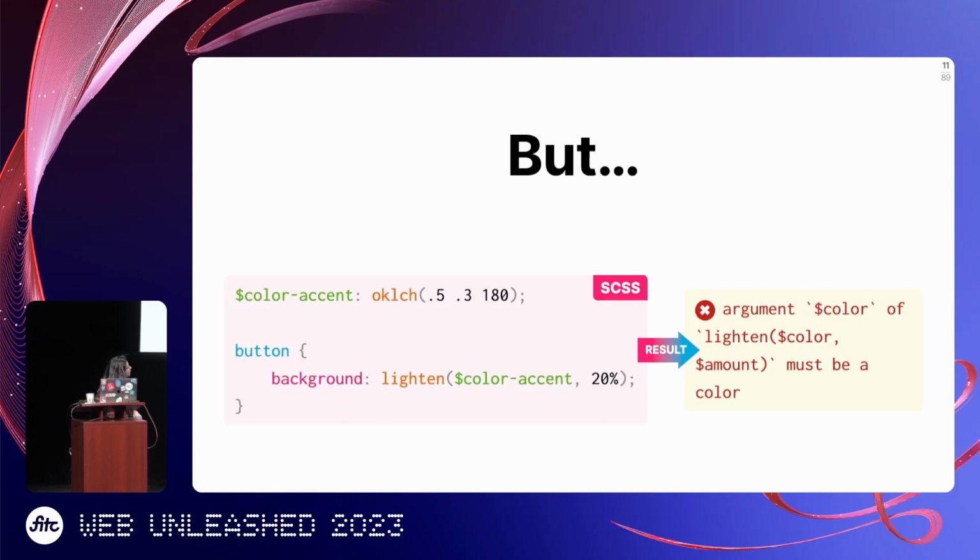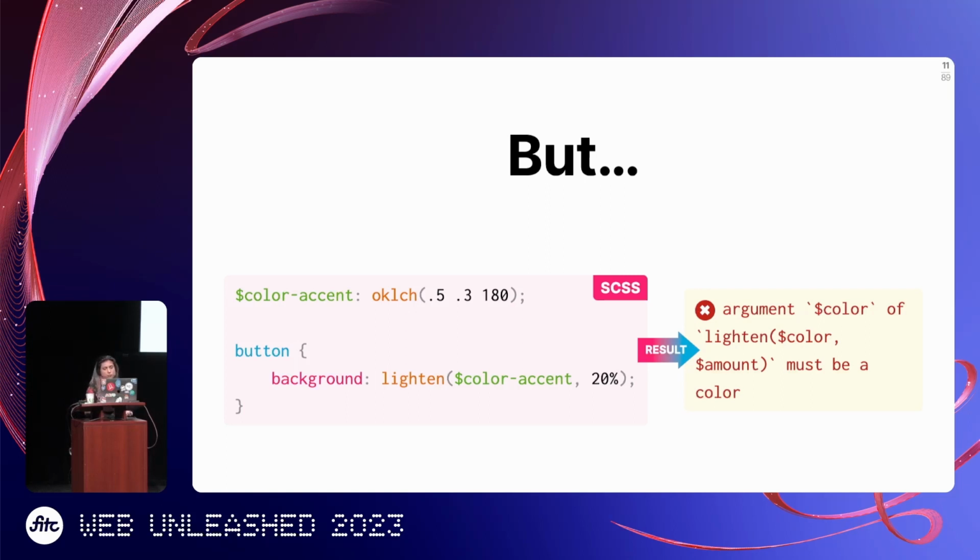But the thing is, it also means that doing math in Sass needs to understand every color value that we might possibly want to use. So we're not just depending on browsers supporting these values, but also on Sass supporting these values.